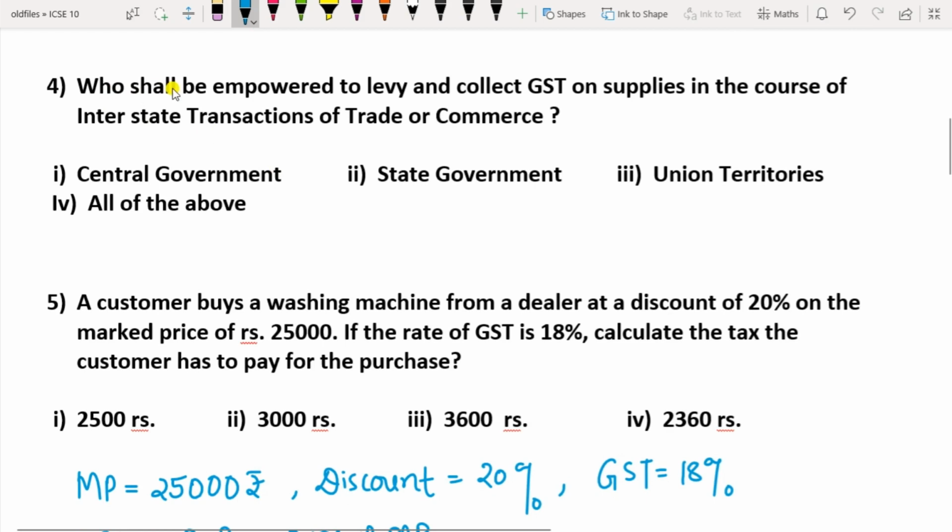Question 4. Who shall be empowered to levy and collect GST on supplies in the course of interstate transactions of trade or commerce? The correct answer here is central government. For the interstate transaction, it is central government.